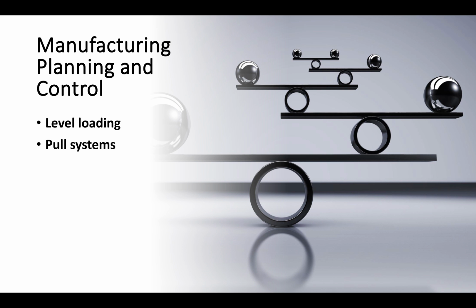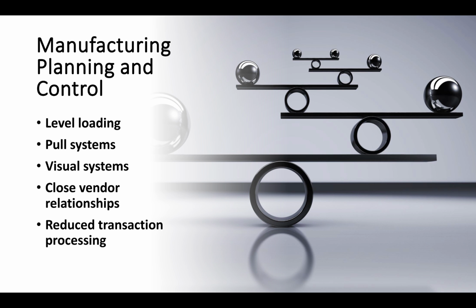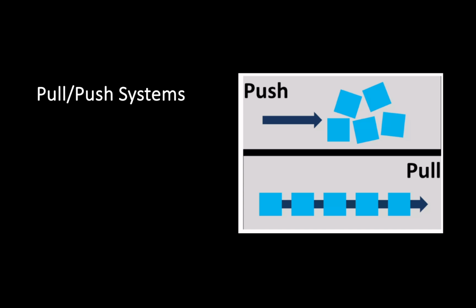Next is pull system. Now pull system, that we'll deal in the next slide. Visual system, that is Kanban system, close vendor relationships, reduced transaction processing, preventive maintenance. Now what is pull versus push system?